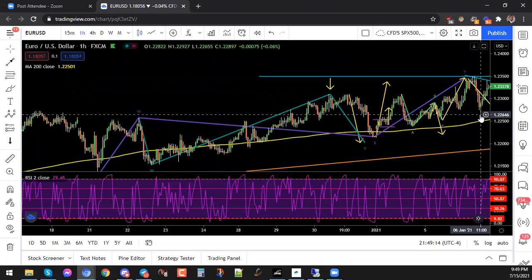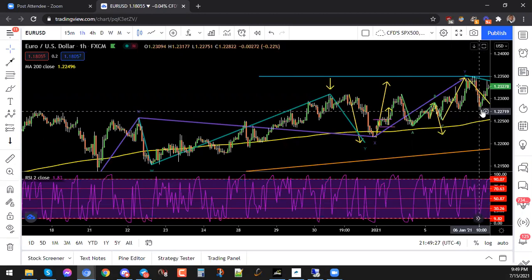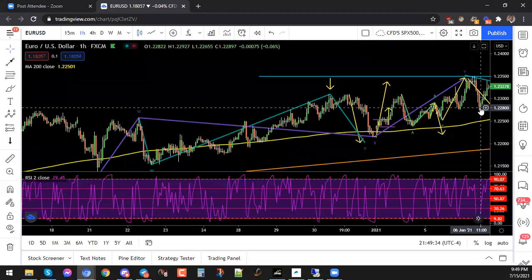So the market could be pricing in that news event, right? So this is most likely what took place at that time. They priced in that news event to the upside, but we would have been out of the trade. This would not have affected us because we exited at 12 p.m.